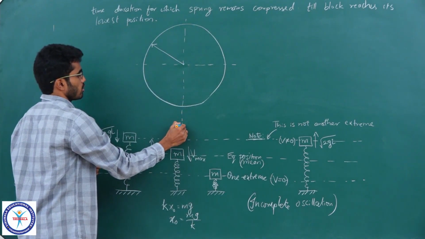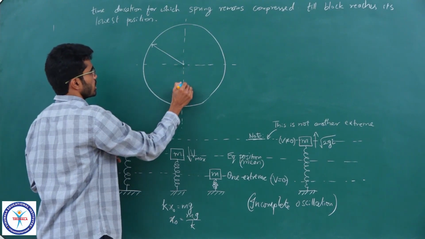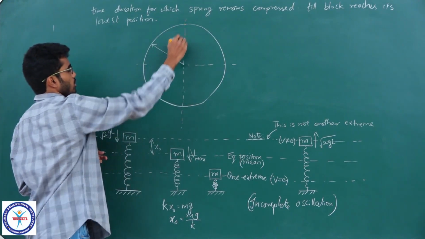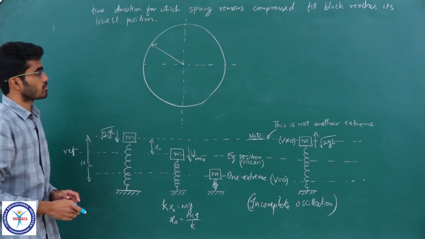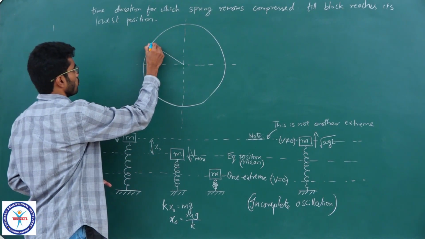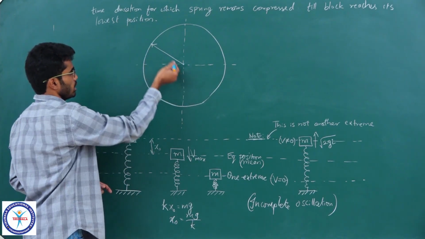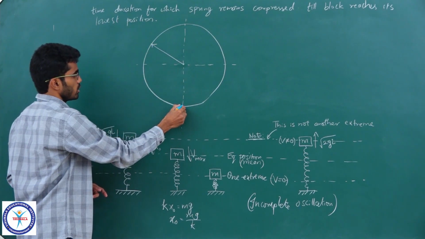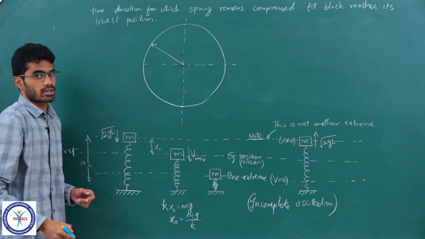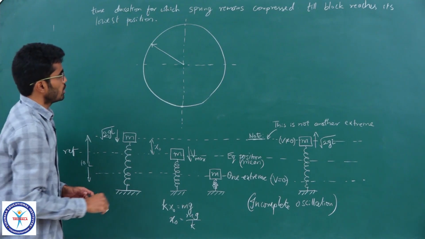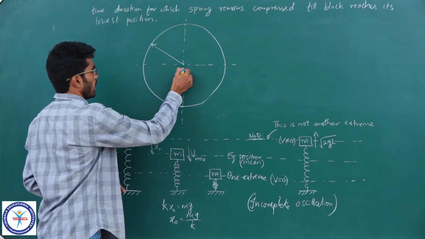We are drawing the phasor such that the SHM is observed on y axis. So, from this position to the mean position, and then it goes to the other extreme, the lowest position. So, we have to estimate this whole angle, the phase covered.